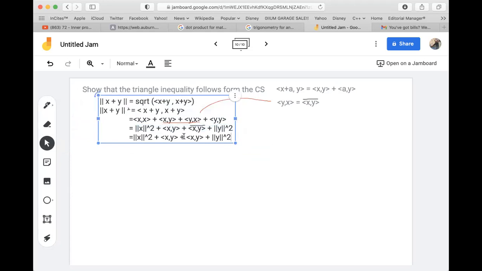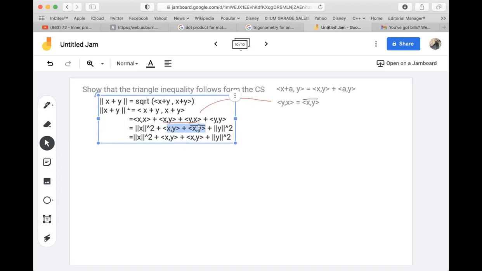Then this part, because it is a real number plus a conjugate, the first one is the real number, the second one is the conjugate.